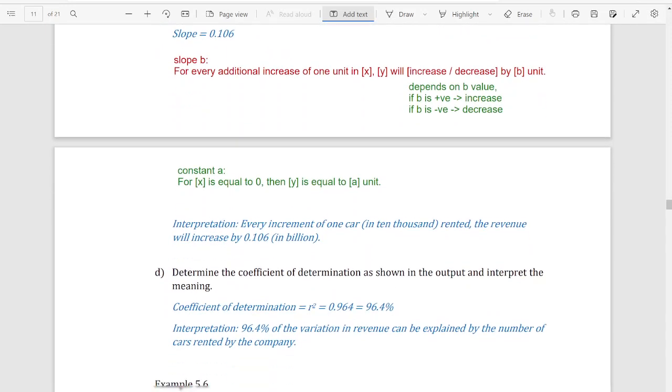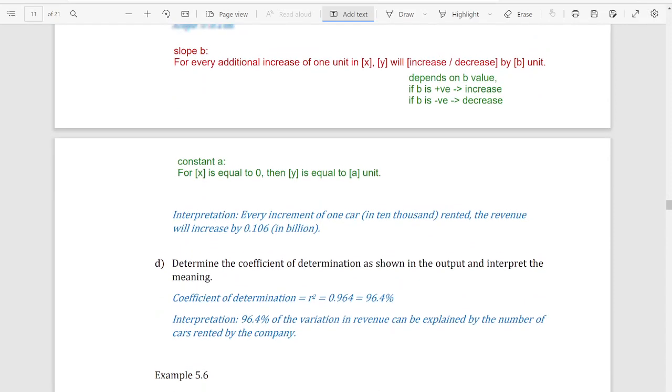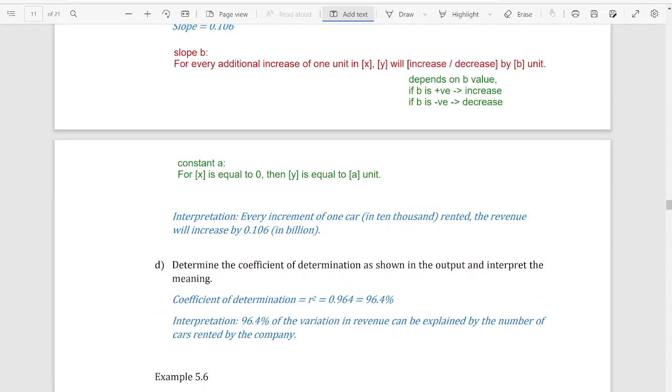And then the next one they ask you the coefficient of determination. Apa pula coefficient of determination ni? So coefficient of determination simply is the square of the correlation value. So maksudnya nilai korelasi tadi 0.982.